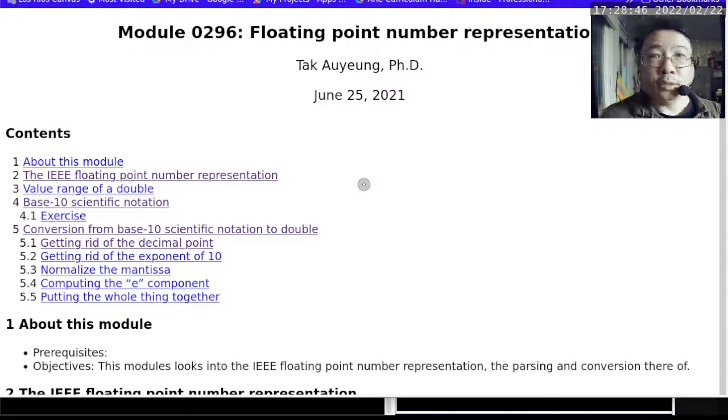As you can see, this particular module has not been updated since last summer, because I was teaching a summer class, and that was the last time this module was actually updated. I think it was a minor thing about the notation.